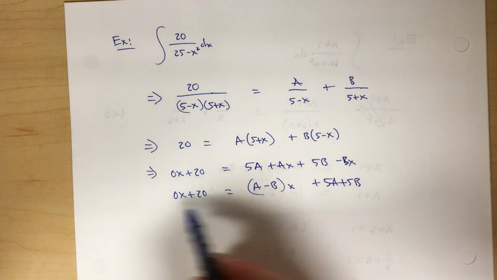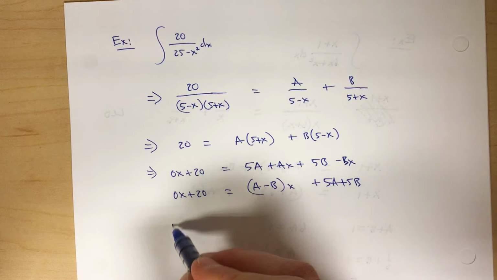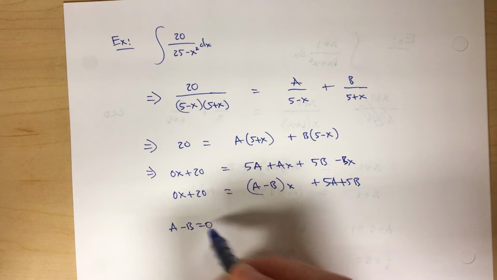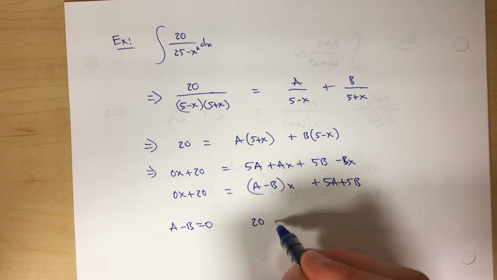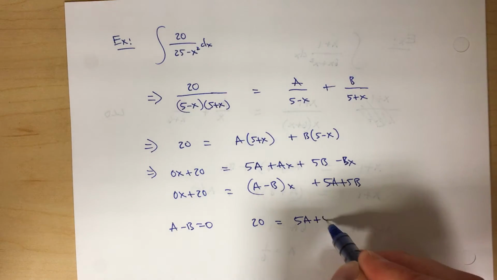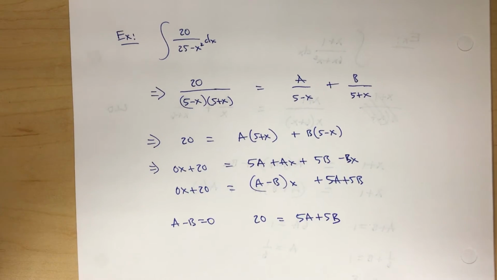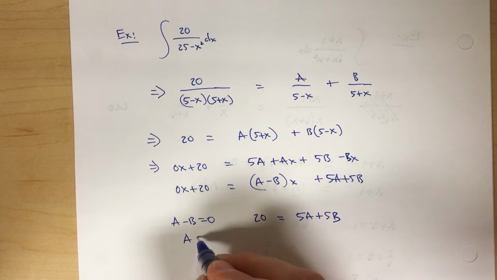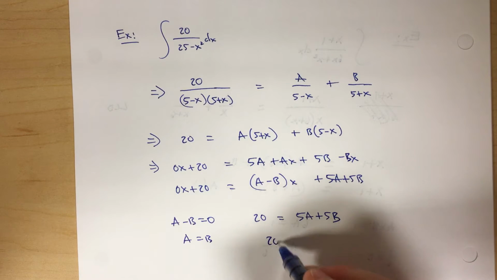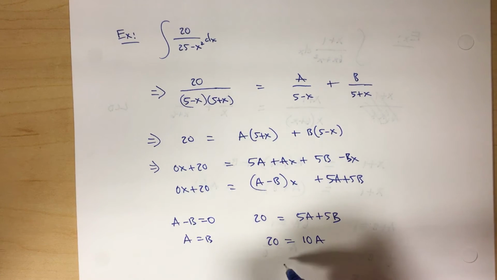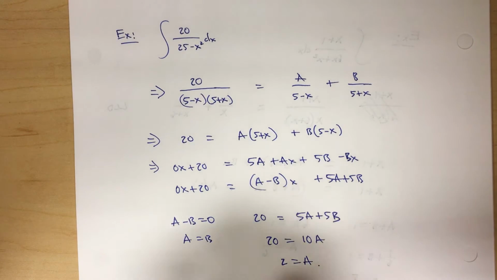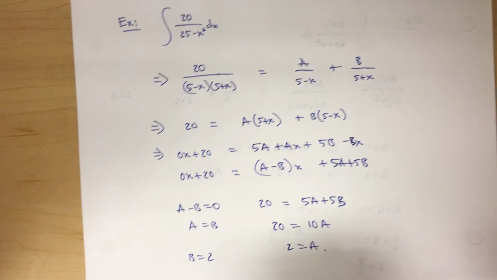So I need this to equal that and that to equal that. That means I need a minus b to equal 0, and I need 20 to equal 5a plus 5b. But if a minus b equals 0, then a equals b. So 20 is equal to 10a, and 2 is equal to a. So b is equal to 2 as well.